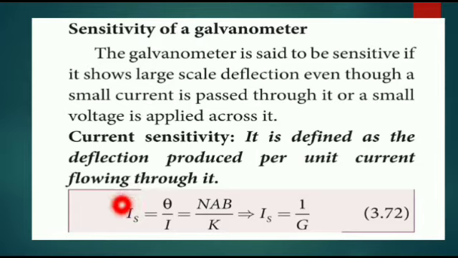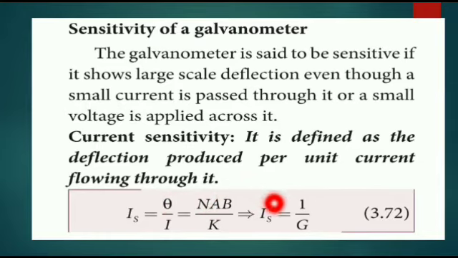So S for sensitivity, I is current, therefore current sensitivity Is is deflection per unit current. Deflection is theta divided by current I. From the previous equation, theta by I is equal to NAB by K, where K here is the galvanometer constant.